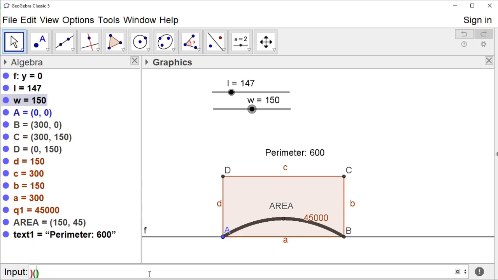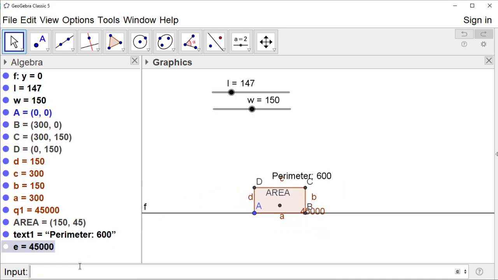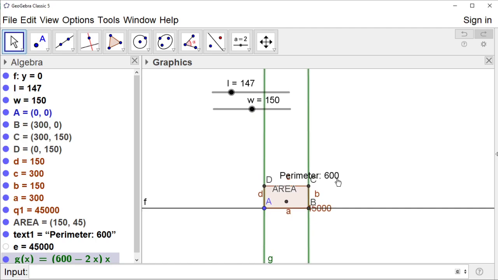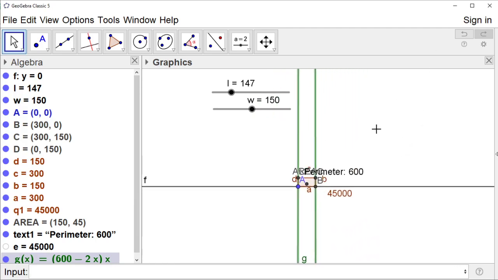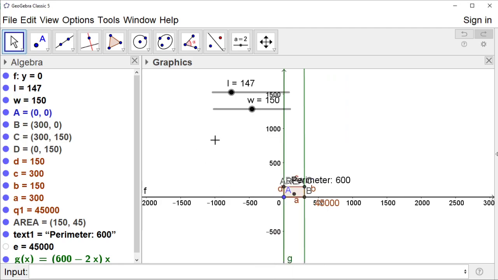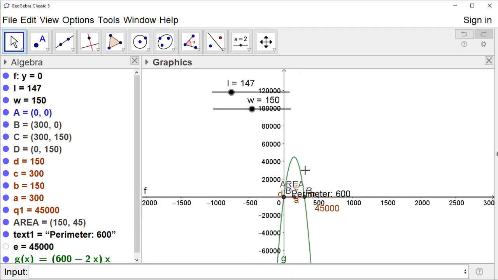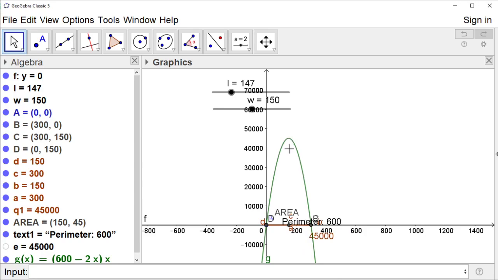This corresponds with the equation that we drew. 600 minus 2W times W. Sorry, 600 minus 2x. I've got to use x if I wanted to draw it. Right? It creates a parabola that has its max, of course it's really high, so it's a bit difficult to see, but it has its max exactly where we said it should at 150.